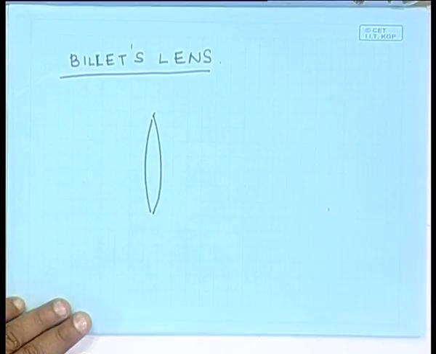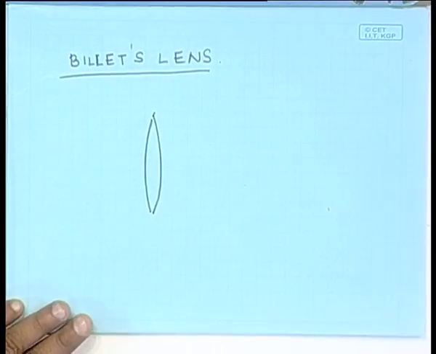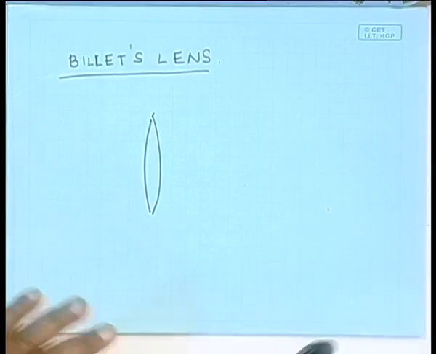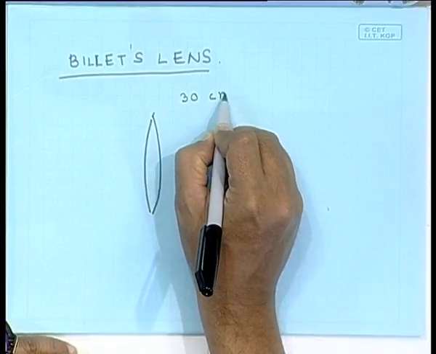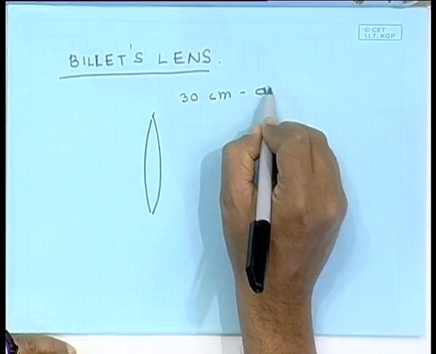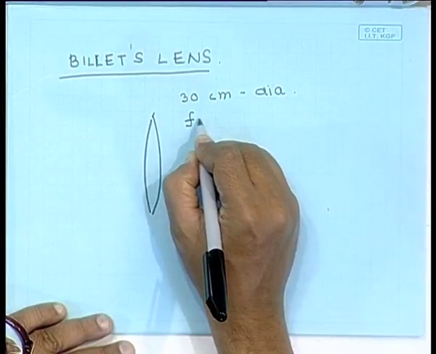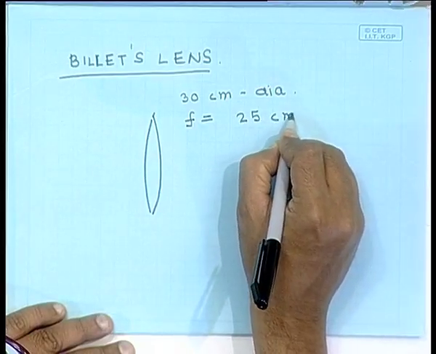The lens has a diameter of 30 centimeters, which is not very important in the particular problem we are going to discuss, and it has a focal length of 25 centimeters.